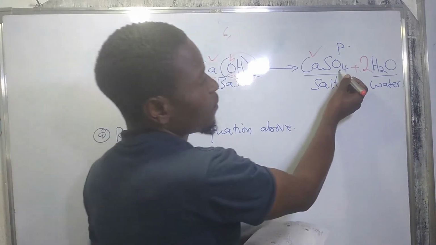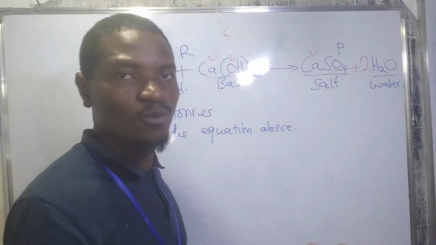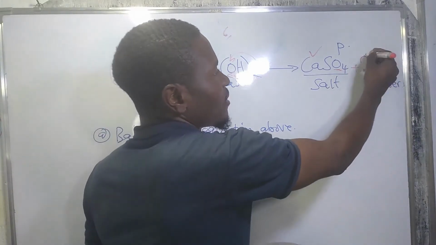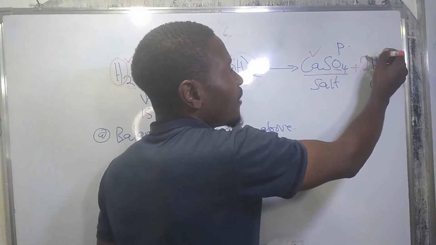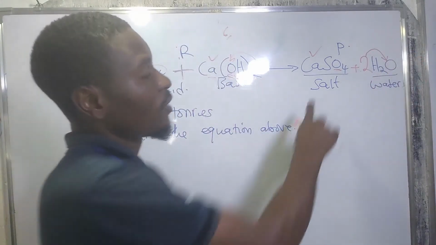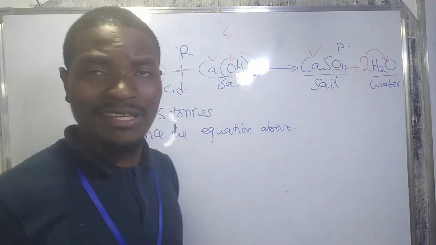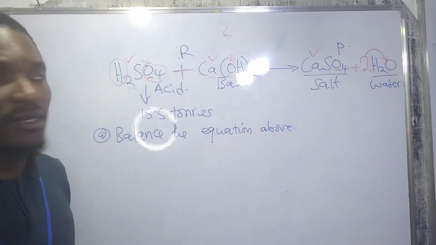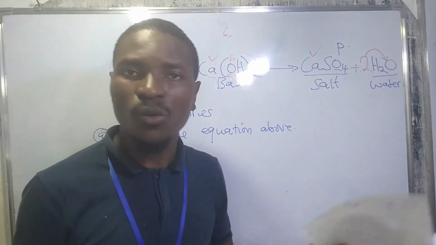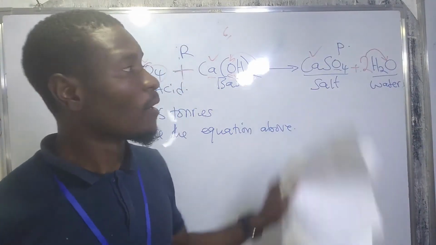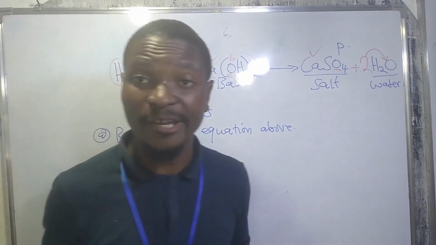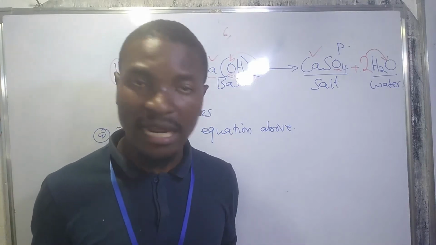Then on the product side we have these 4 atoms of oxygen plus these 2 that are put in front of the water, which also represent oxygen atoms. So altogether 4 plus 2 we get 6, and there are 6 on both sides. So all you needed to do is put the 2 in front of the water compound. That's how you can go about balancing the chemical equation, and that's it. There is nothing to worry about.